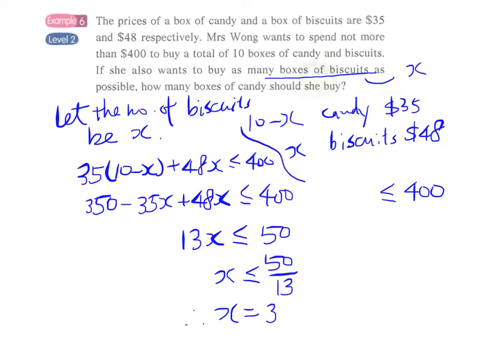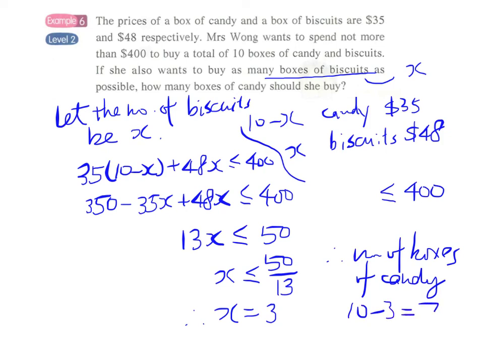So x should be at maximum equal to 3. That is, she should buy at most 3 boxes of biscuits. And finally, we can write down the number of boxes of candy. The number of boxes of candy will be 10 minus 3, which is 7 boxes.